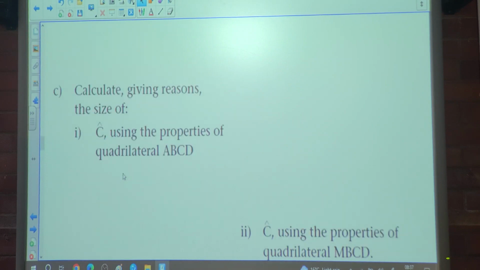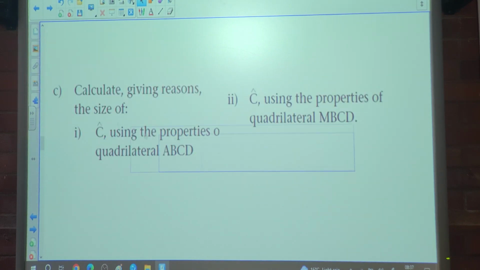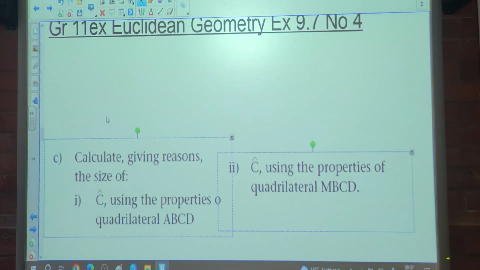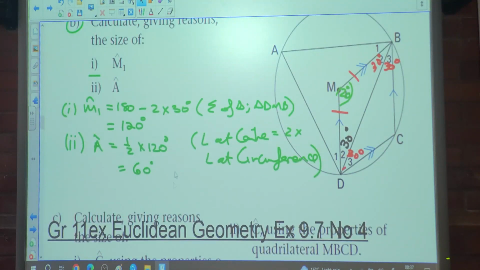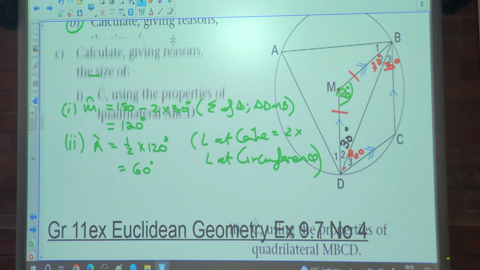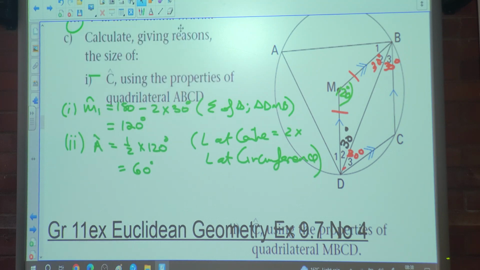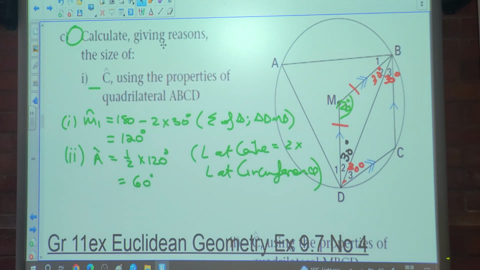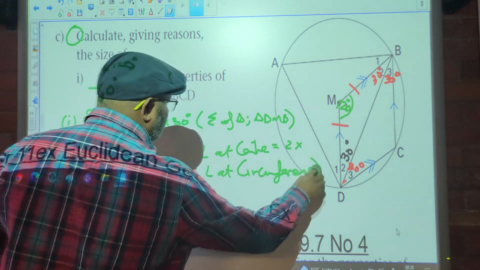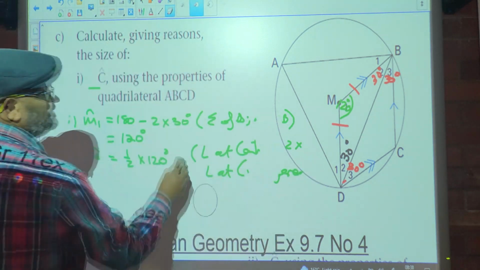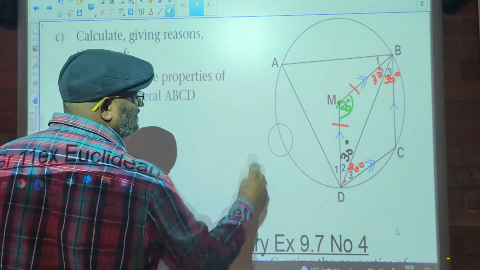Now, there are two parts to C. With this in mind, we're going to keep the diagram in focus, but whatever we've calculated is already on the diagram.